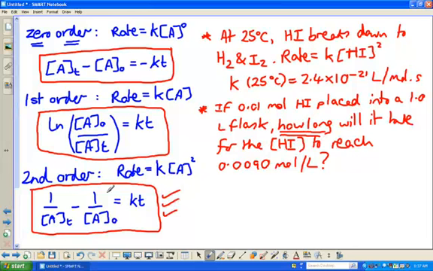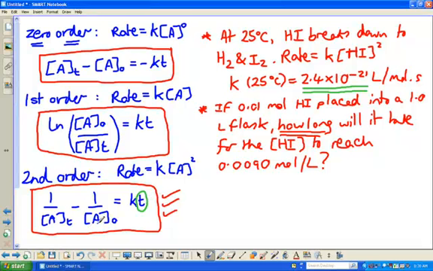Then we think, which of my terms am I looking for? When it says how long, that means you're looking for your time. And in order to find time, we need the K, the initial concentration, and the concentration at time t. Well, we have the K, that's right here. And notice that this K is very, very small. So that probably means with a K this extremely small, our time is probably going to be very, very large.